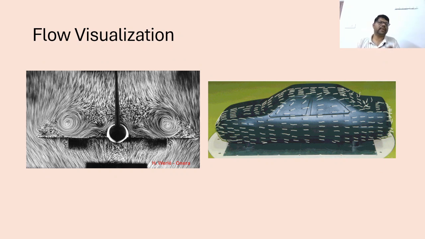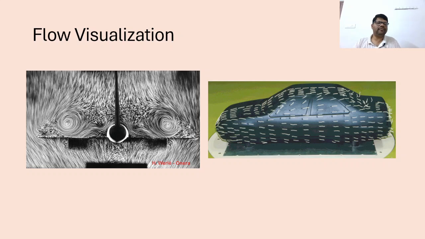Here, on the left hand side, you have a flow visualization method where air bubbles are introduced into the flow. You can see the vortex formed over the wings of the aeroplane.